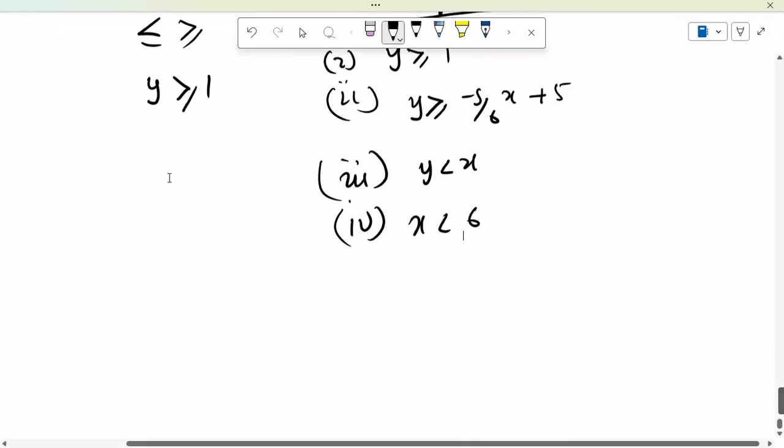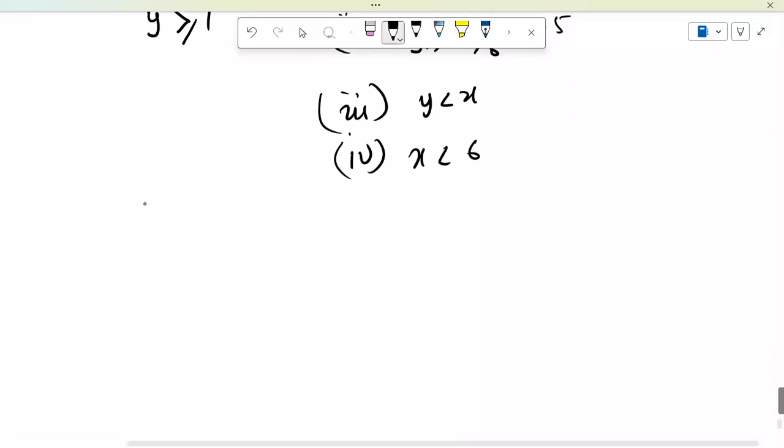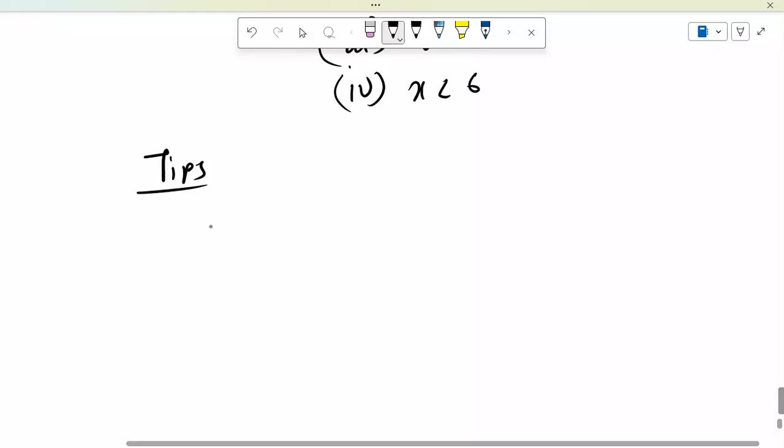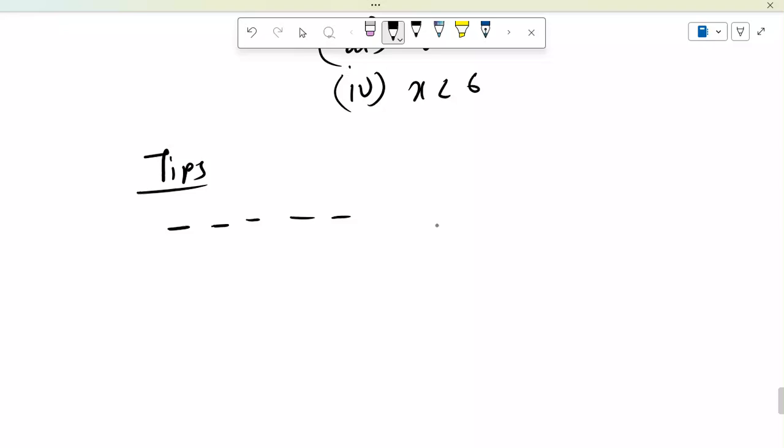So the quick tips, the takeaways from this lesson. If you see the line is dotted on the given graph, you know you are only supposed to use less than or greater than. If the line is solid, you are supposed to use less than or equal to or greater than or equal to.